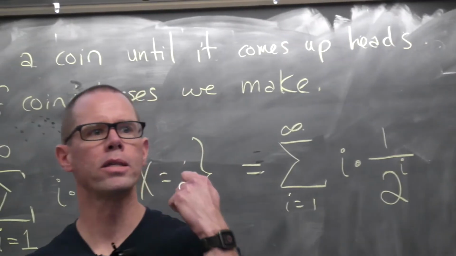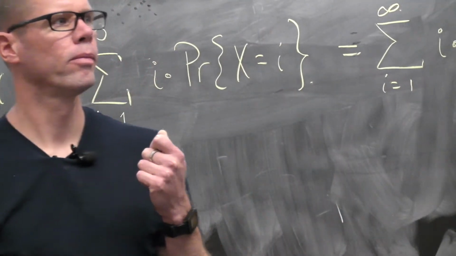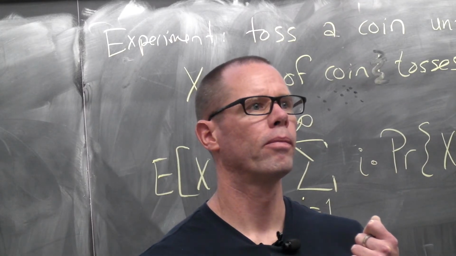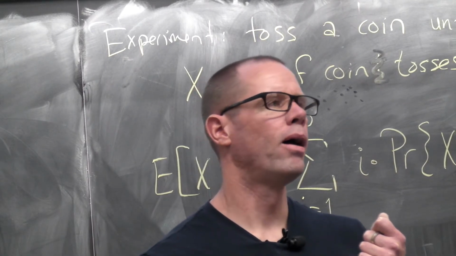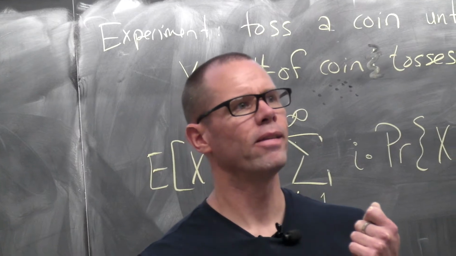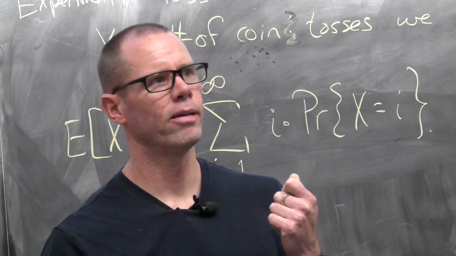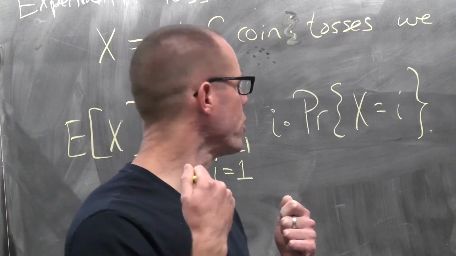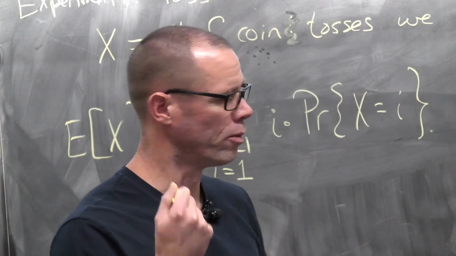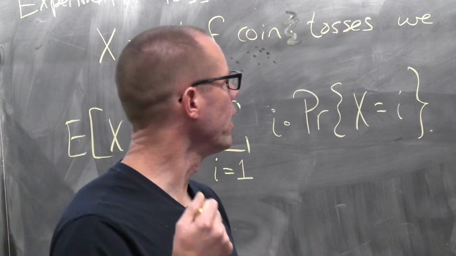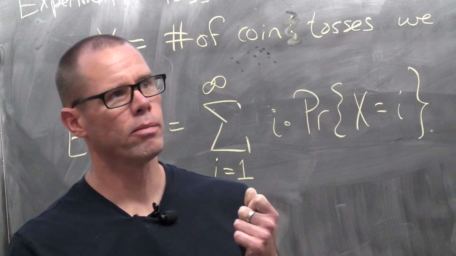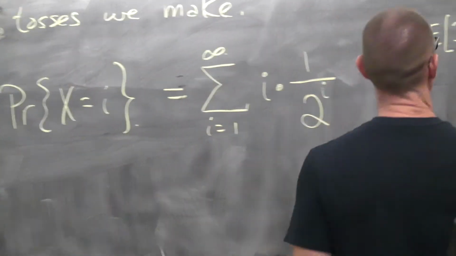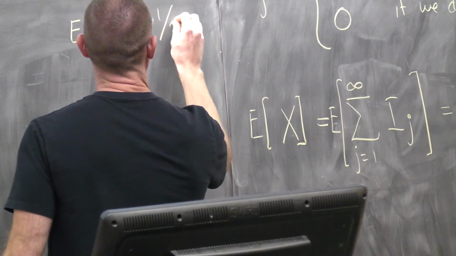When do we have to toss the second coin? We'll have to make a second toss, which is what it means to have I sub 2 equal to 1, if and only if the first toss came up tails. And the first toss comes up tails with probability 1/2. So the expected value of I sub 2 is 1/2.